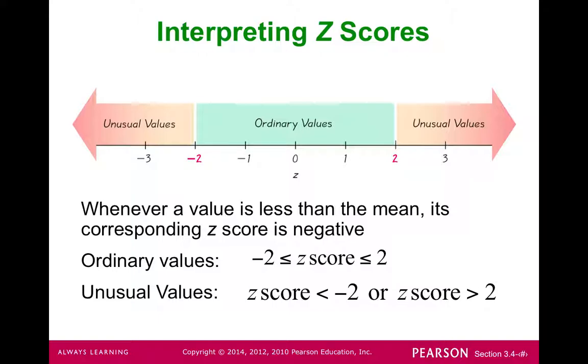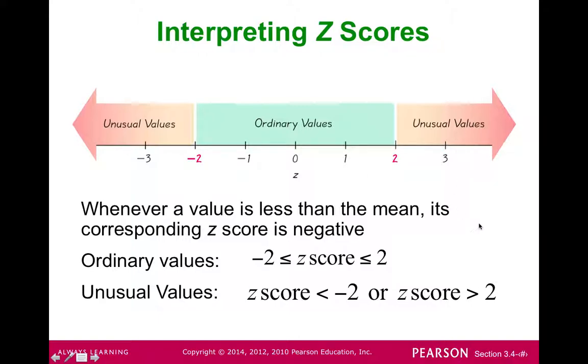So, interpreting z-scores. What does the z-score actually mean? If you think about the range rule of thumb, which we introduced in the last section, the mean is set at 0, and we say that within 2 standard deviations in either direction, the values are considered to be usual or ordinary, and anything beyond 2 standard deviations would be unusual.